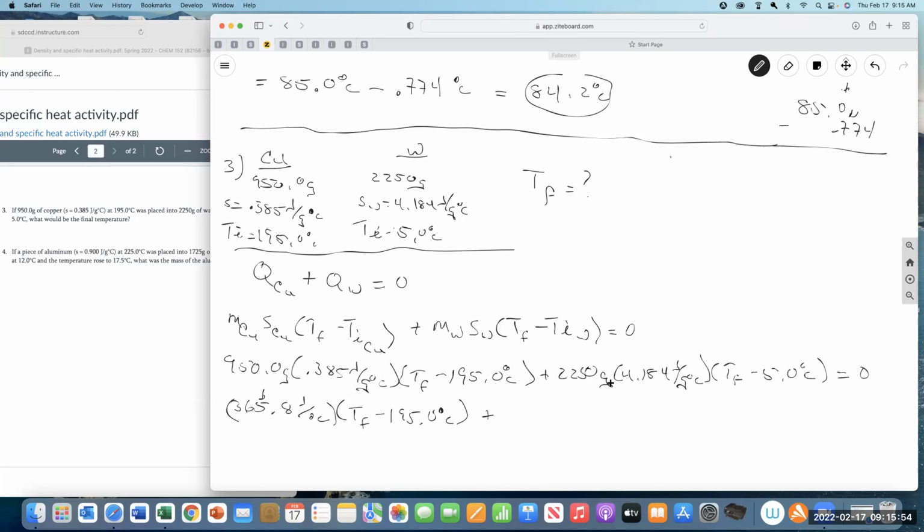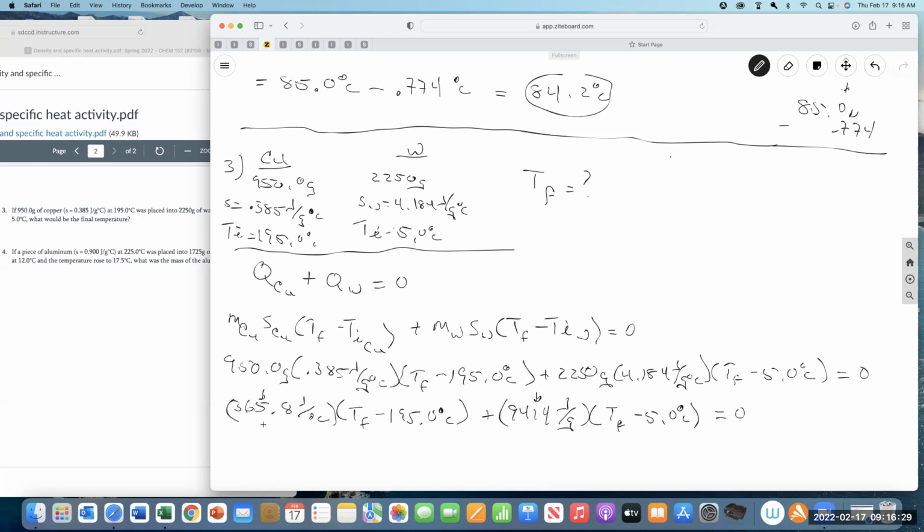Plus 2250 times 4.184. And that's going to drop to 3 sig figs as well because of the 2250. So I get 9414. That's going to be joules per gram times TF minus 5 equals 0.